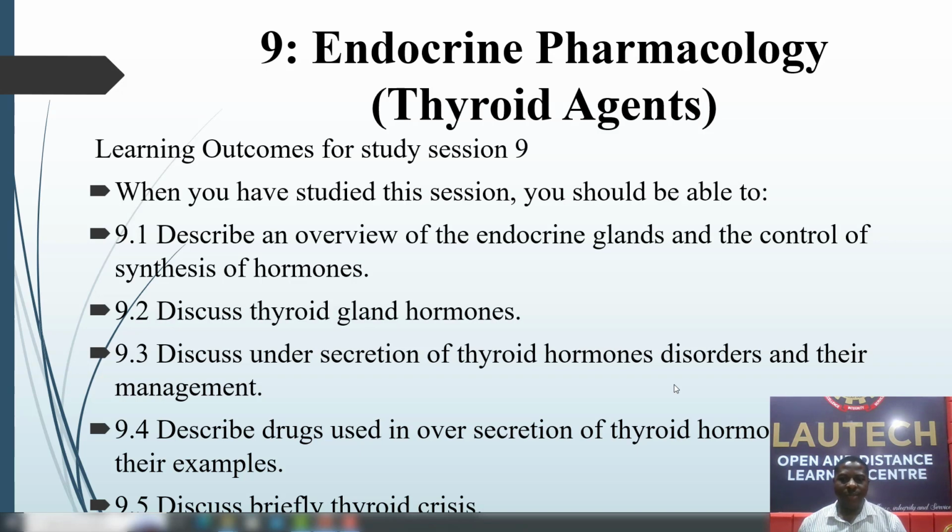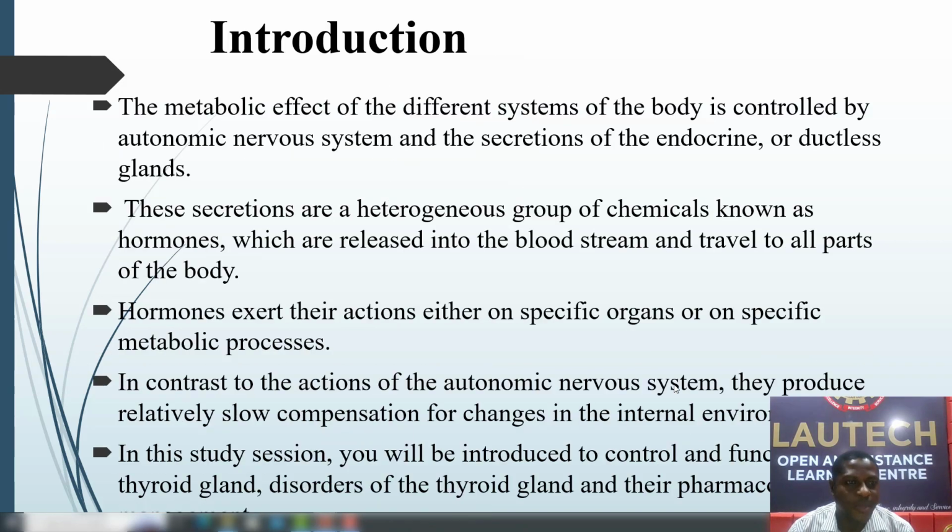And lastly, we'll be looking at drugs used in over secretion of thyroid hormones and their examples. Okay, that's the second to last. And the last aspect is we'll be briefly looking at thyroid crisis.